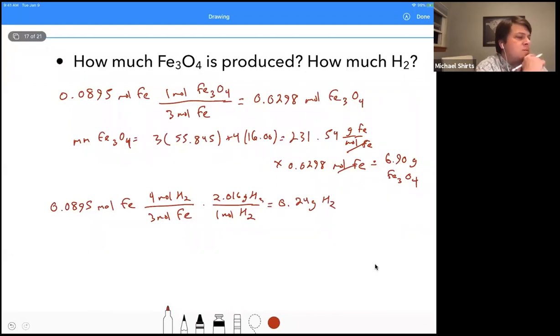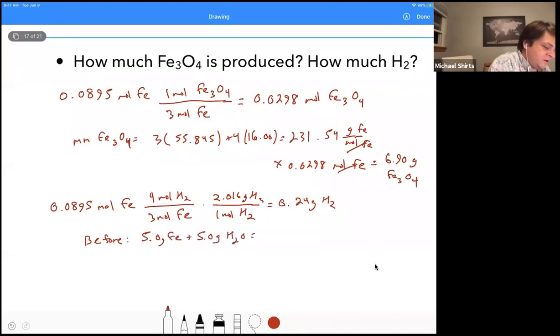So let's check one more thing. Is mass conserved? So what do we have at the end of this reaction? There's no more iron, that's gone. So before, we had 5.0 grams Fe plus 5.0 grams H2O, 10.0 grams.